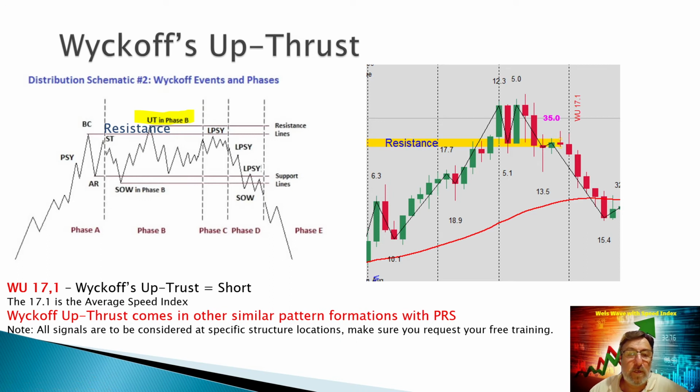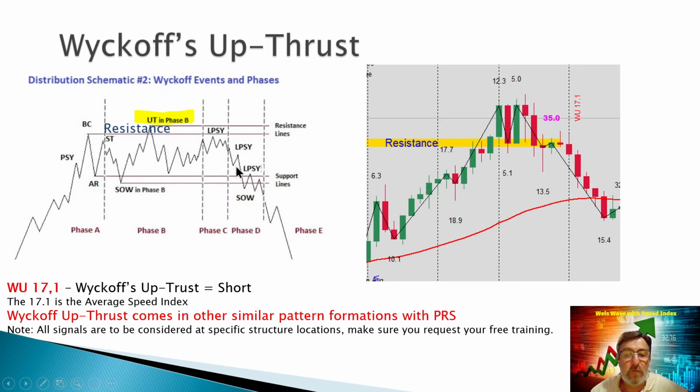And Wyckoff, everybody's talking about Wyckoff and the structures of Wyckoff. Okay, this is a distribution structure of Wyckoff. This is a distribution schematic, which is quite complicated for some people.